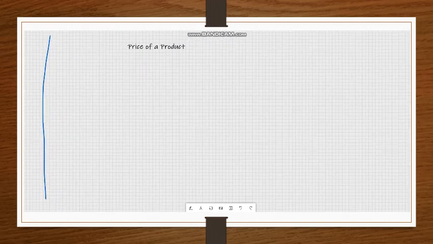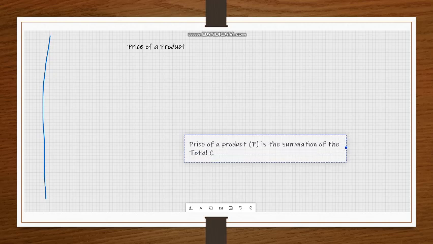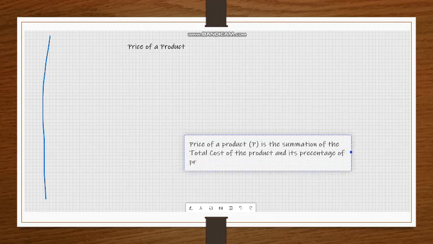Price of a product, which we are going to define as P, is the summation of the total cost of the product and its percentage of profit.